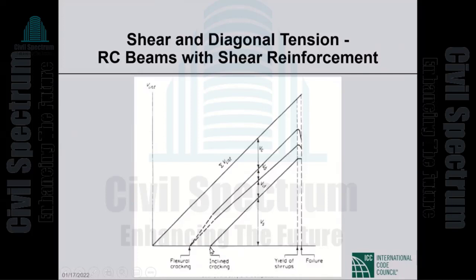Until inclined cracks open up, the stirrups don't do anything. They have to be in a way activated. They have to be crossed by diagonal cracks. But once diagonal cracking starts, the stirrups go on carrying increasing amounts of shear.